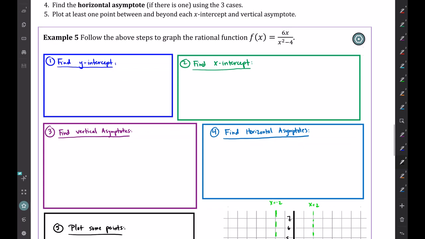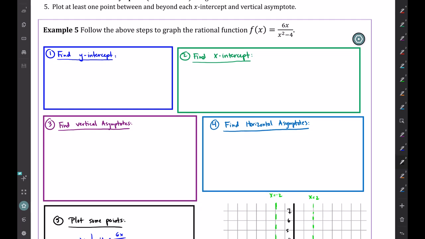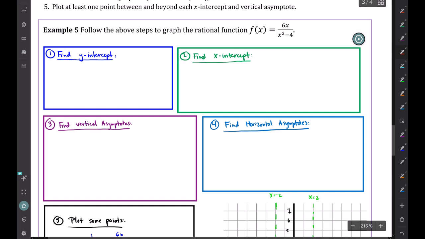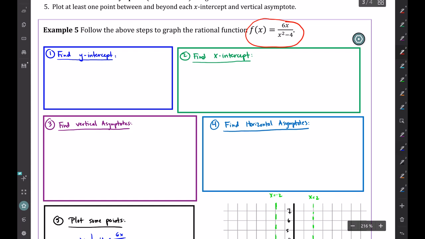So let's say that we have this rational function, f of x equals 6x over x squared minus 4. And the first step is to find the y-intercept. To find that, you just plug in 0 for x, right? The y-intercept is where x is 0.